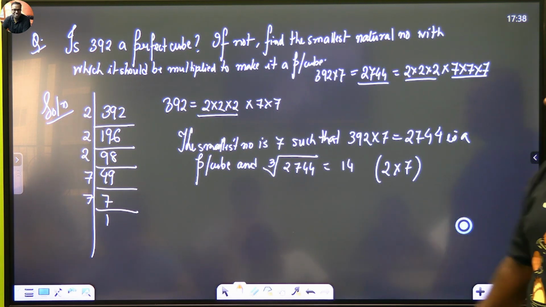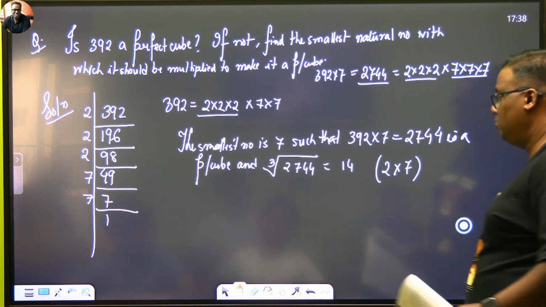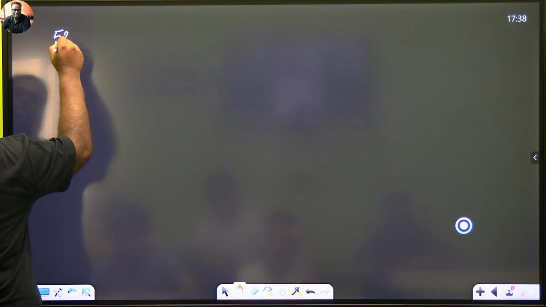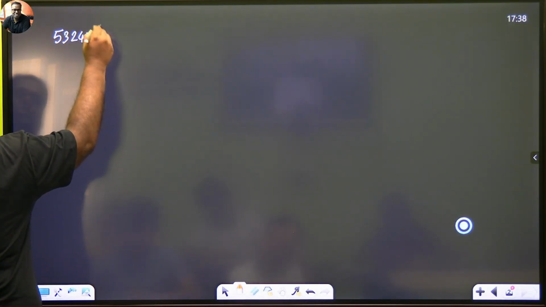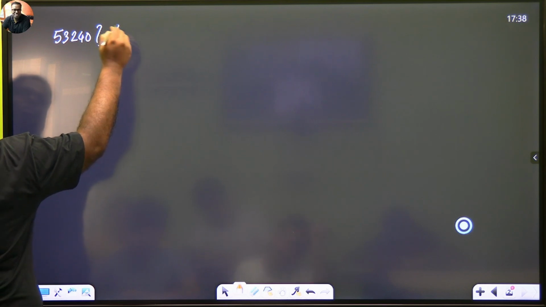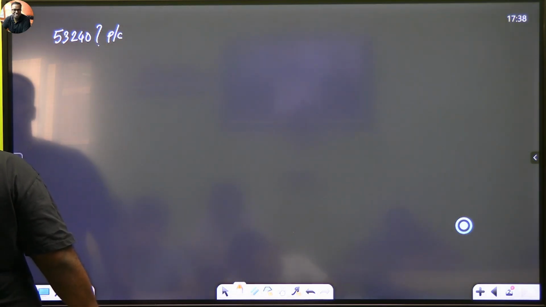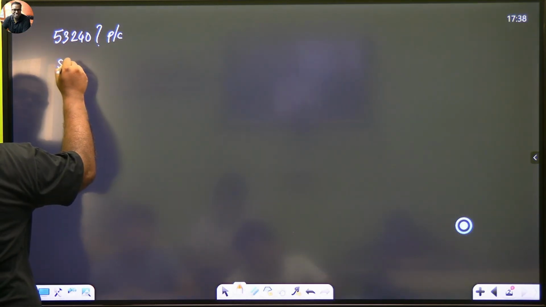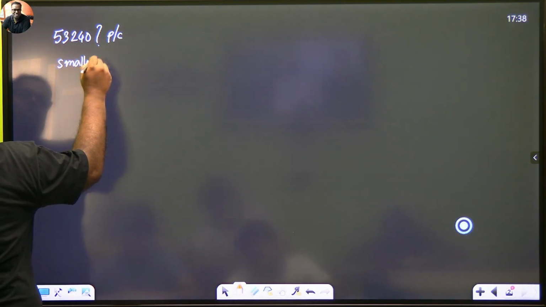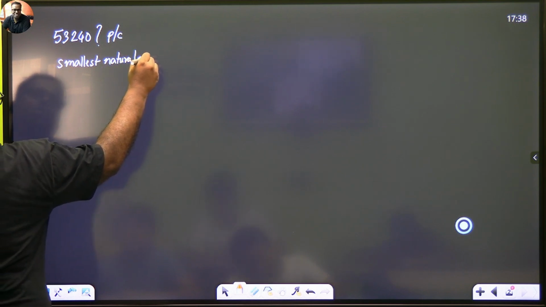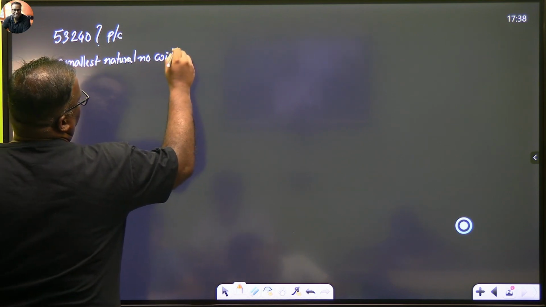Shall we take another question of this type? Okay, so I'm going ahead. This time I'm not going to write the big question. The question is to check this number, 53240, whether it is a perfect cube or not. And if not, what is the smallest natural number with which you will divide it, to make it a perfect cube?